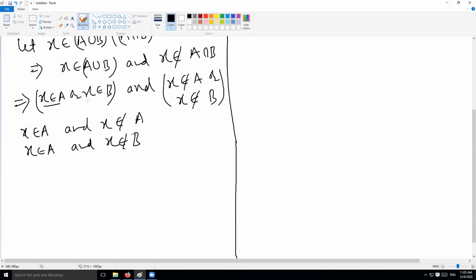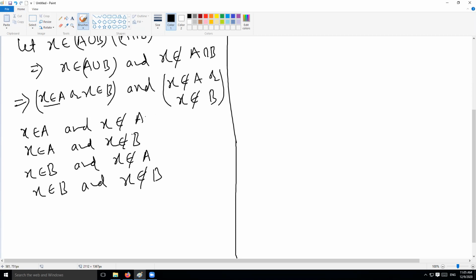In this OR statement, the second part is true. In other words, X belongs to B, and from this, the first part is true, so X does not belong to A. And the fourth could be that X belongs to B and X does not belong to B. So these are the four possibilities that logically you can have.